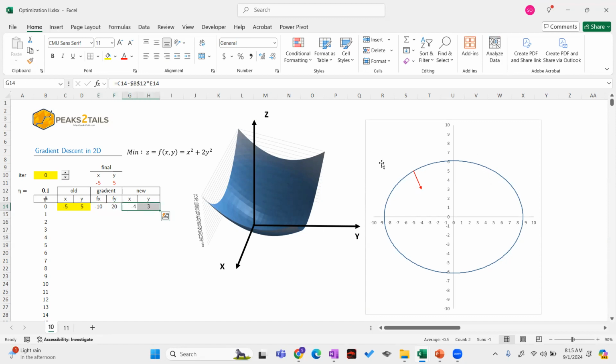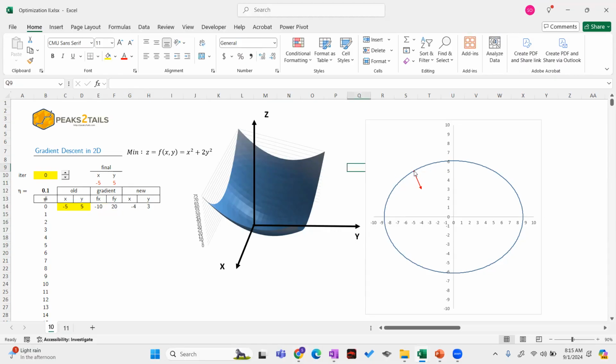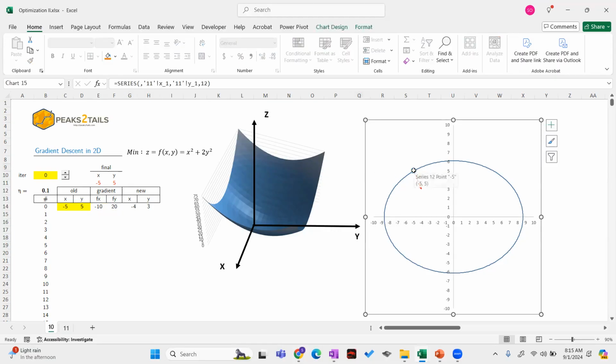If you project that entire behavior on the XY plane, it looks like this on the right hand side. So we have this point, -5, 5. The next point where we are heading is -4, 3.